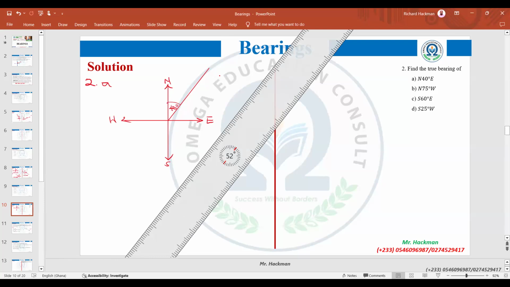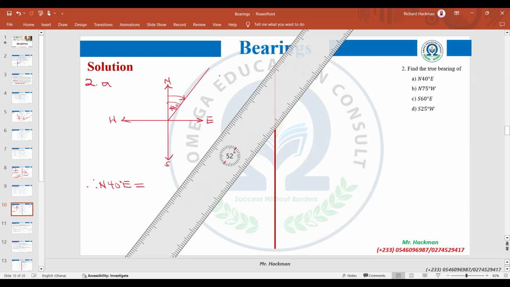Now in terms of the true bearing, from the true north you measure in this direction. So north 40 degrees east will be equal to, when you measure from the true north clockwise, the angle here as 40 as well.